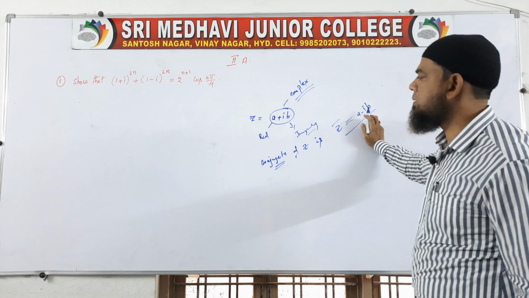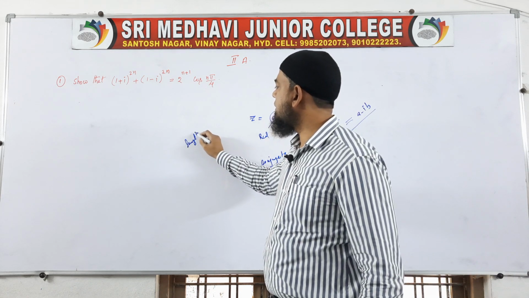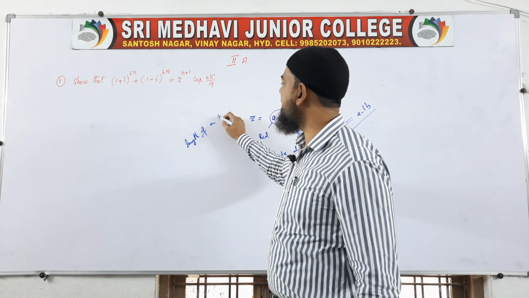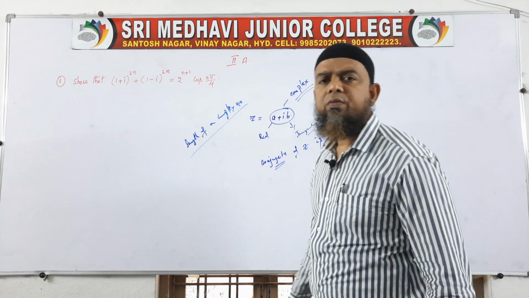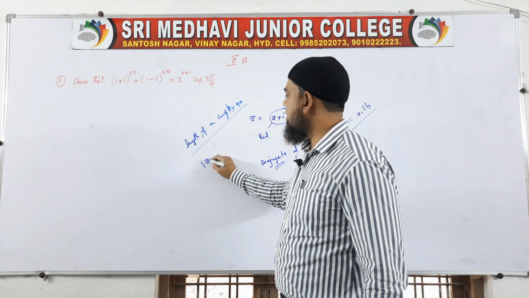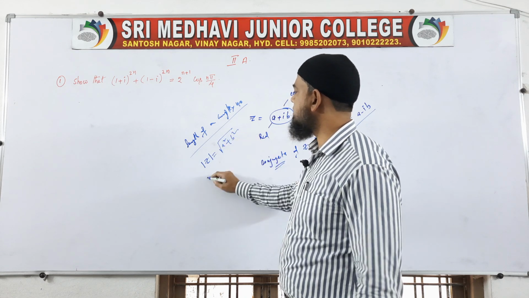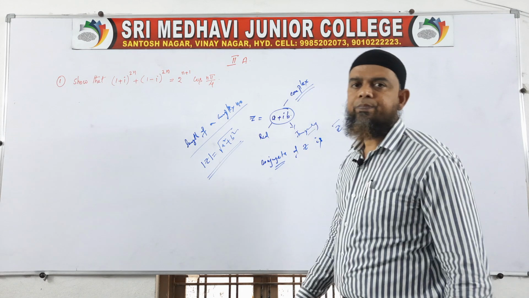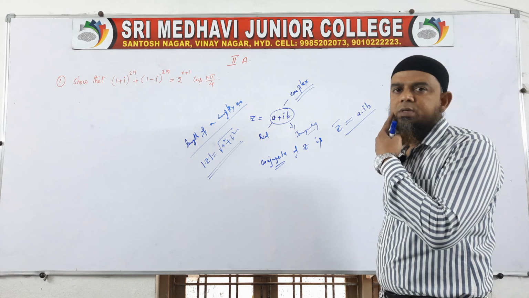Now the third point is the length of a complex number. It is nothing but mod Z. The formula for mod Z is under root a square plus b square.